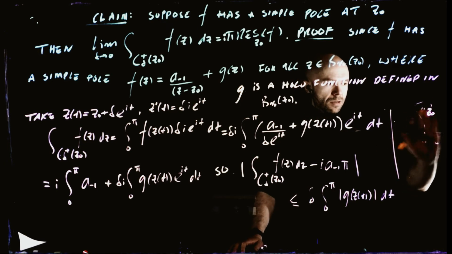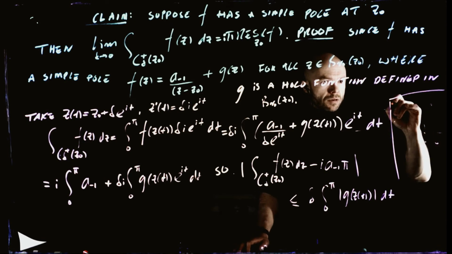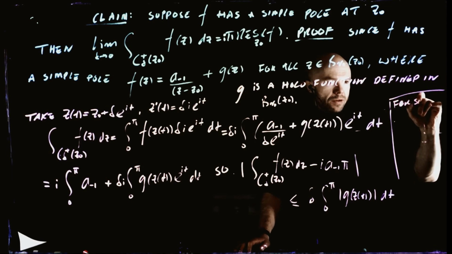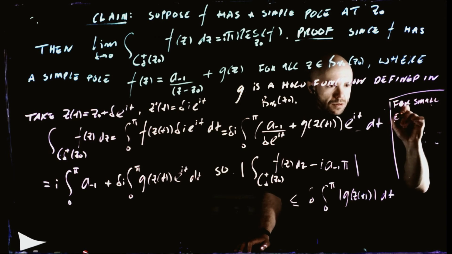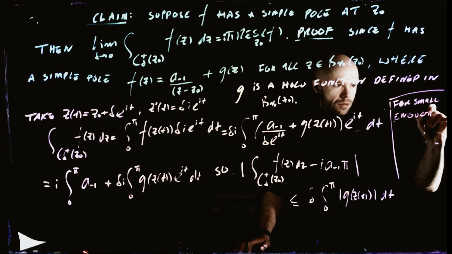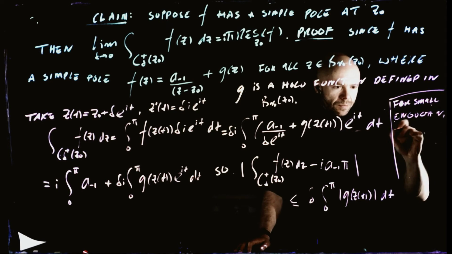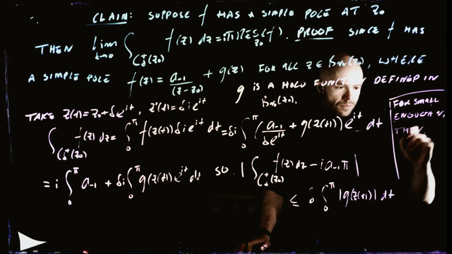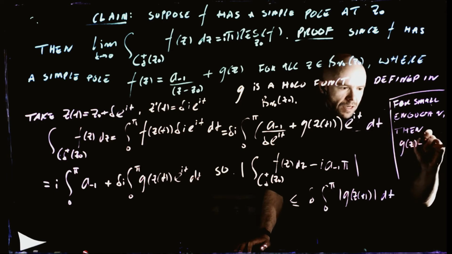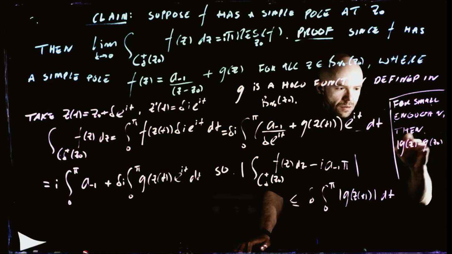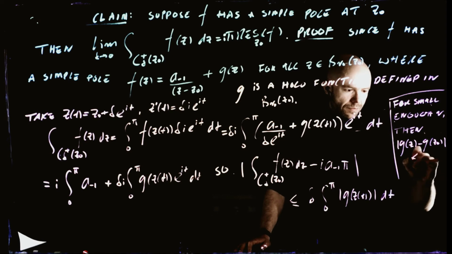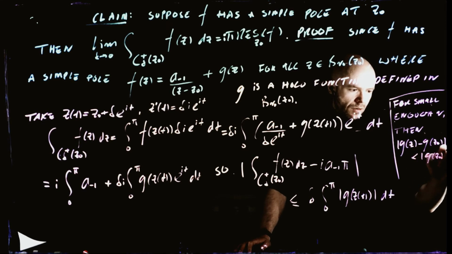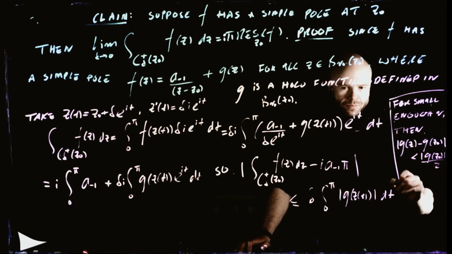Yeah. So look. For small enough r, then the absolute value of g of z minus g of z0 is less than the absolute value of g of z0 over 2.